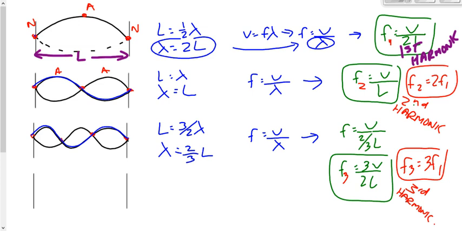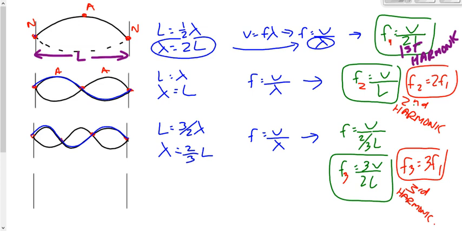You can stretch it, right? You can tighten it with a tuner. When you tune it, what you're really doing is loosening it or stretching it, and you're changing the speed of the wave in that string. So this time V becomes higher. As V becomes higher, F becomes higher.